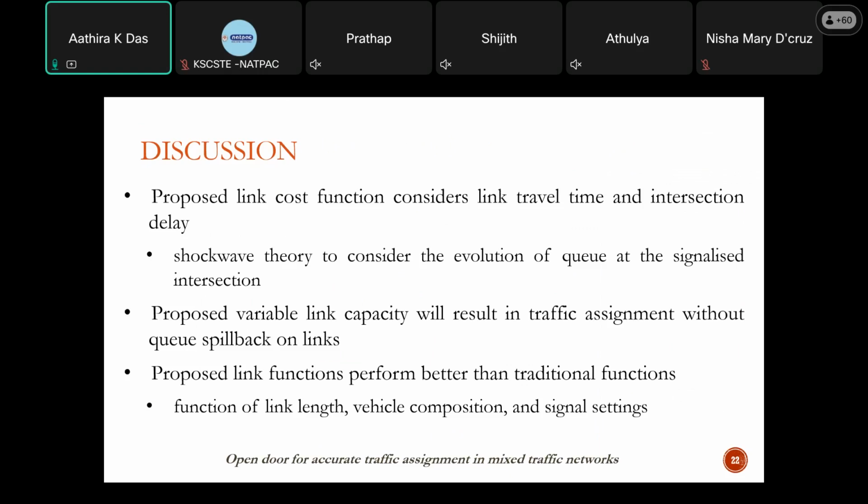Instead of the conventional constraint of limiting the link flow to a constant capacity, we'll have a constraint that the link flow on a network will be limited to a variable link capacity, which will be a function of the vehicle composition.